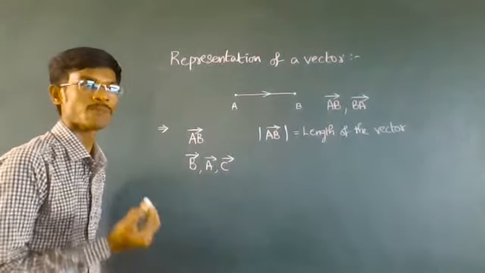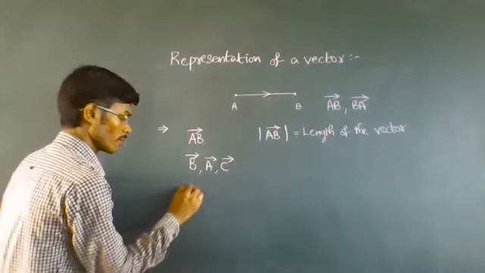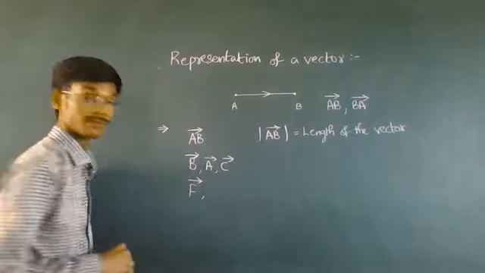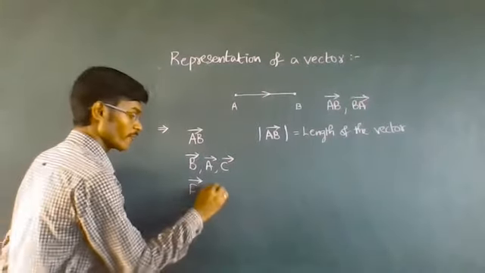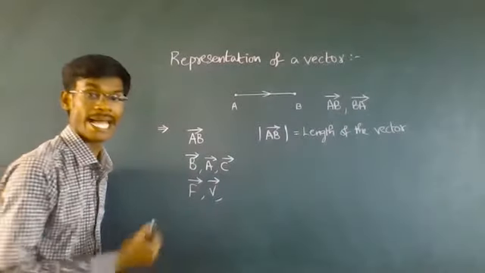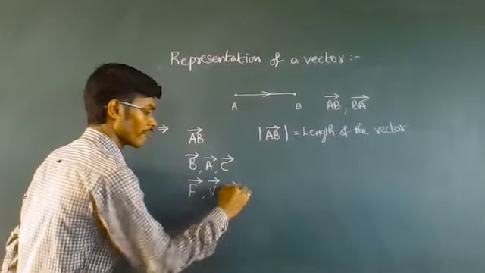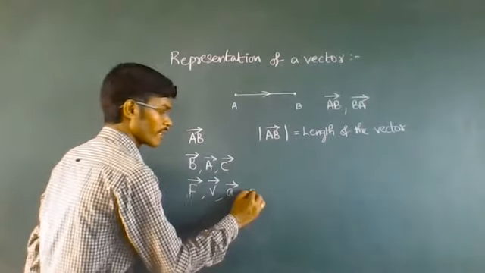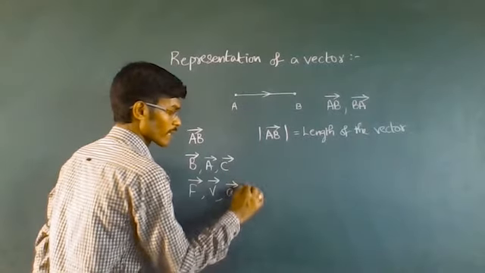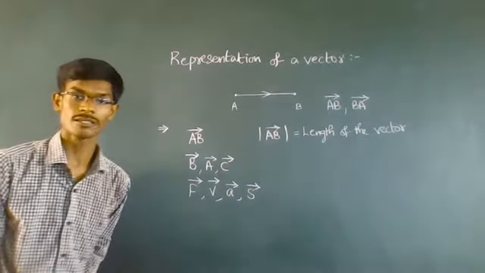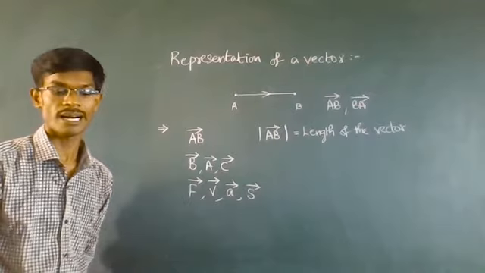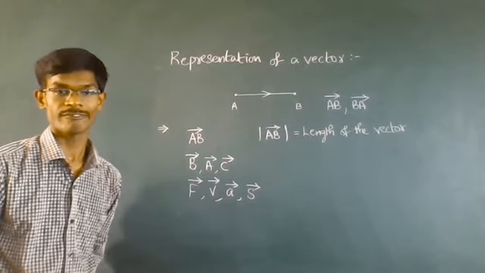The same way, if you consider force, F bar. If you consider velocity, V bar. If you consider acceleration, A bar. If you consider displacement, S bar, we can represent it. This is the representation of a vector physical quantity.